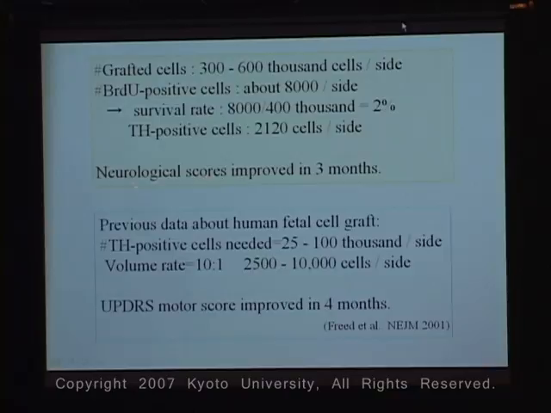Also, the neurological scores in our experiment improved in 3 months, and in the double-blind clinical trial reported by Dr. Fried, the patients' UPDRS motor score improved in 4 months. That is also similar. So the ES cells are not very superior to the fetal cells, but I think we can expect ES cells to be a substitute for fetal cell grafts.